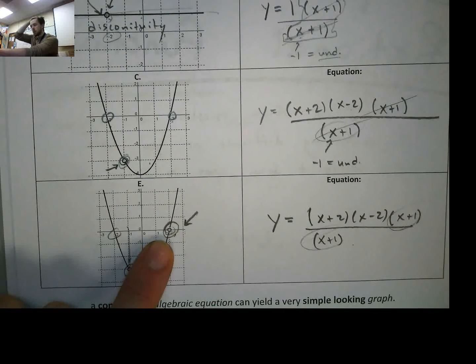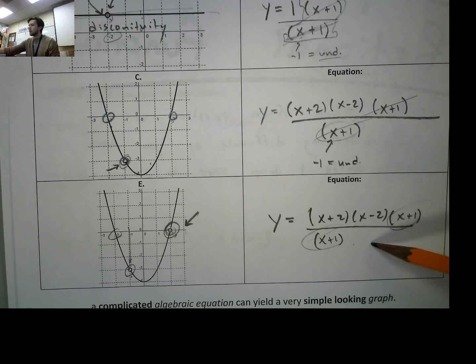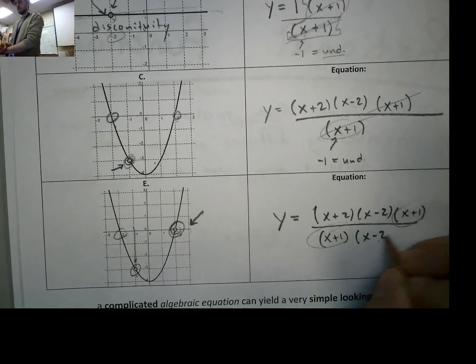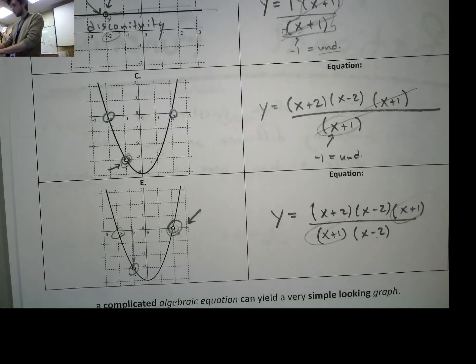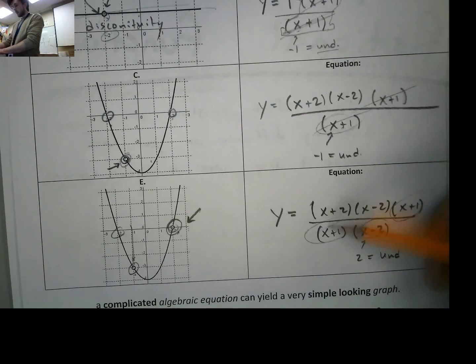Now, what could we put down here? Think for a second. I'm going to pause. What could we put down here on the bottom of our fraction that we could plug in a 2 and make it become 0? Hopefully you thought of it. X minus 2. Right? If you plugged in a 2 here, that would become 0 and then make it undefined.